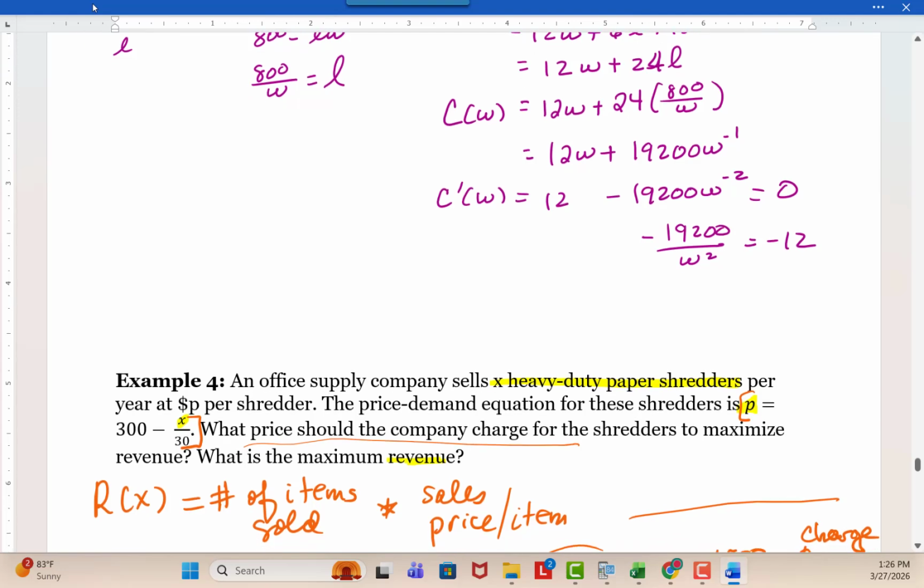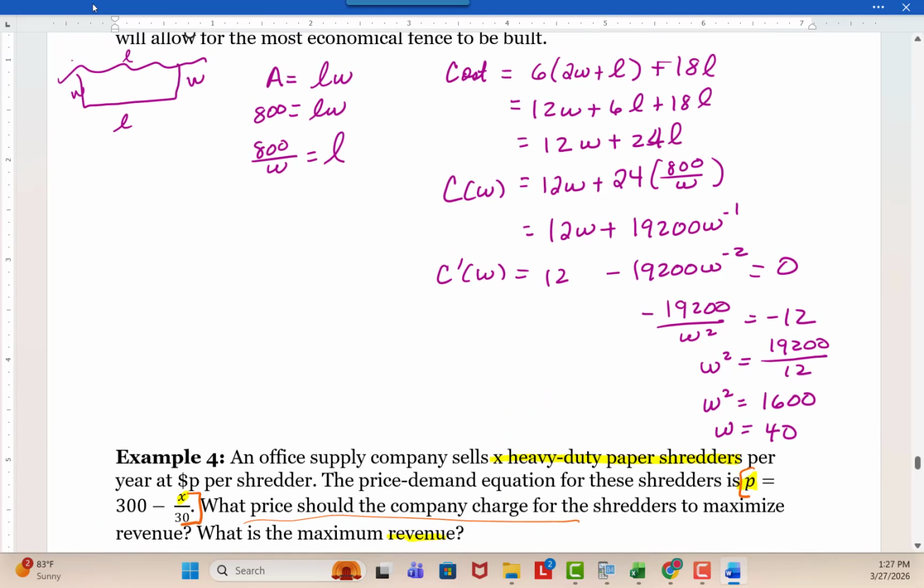We can solve that. It's basically going to come down to W squared is equal to 19,200 over 12. And so we get W squared is equal to 1600, and the square root of that is going to be 40. So W equals 40.